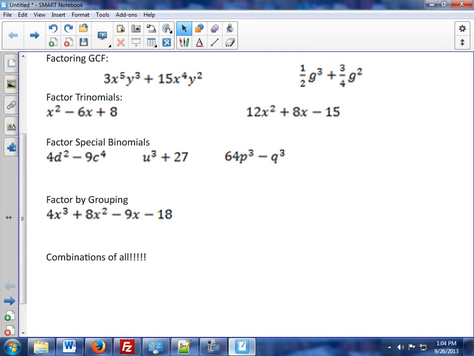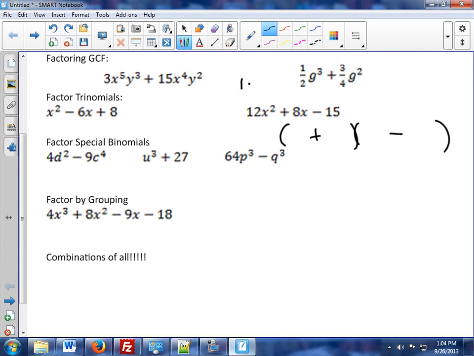Okay, this one over here, there is no GCF. You're just going to have to take your time and just try. This is going to be plus, minus. My factors of 12 are 1 and 12, 2 and 6, 3 and 4. And this is 1 and 15, 3 and 5.